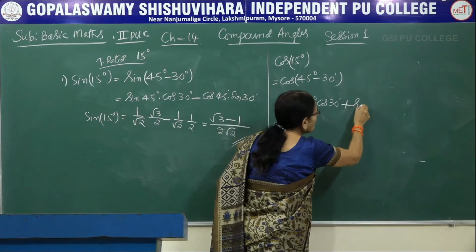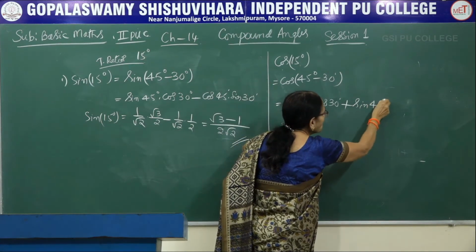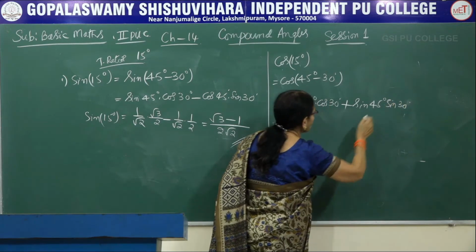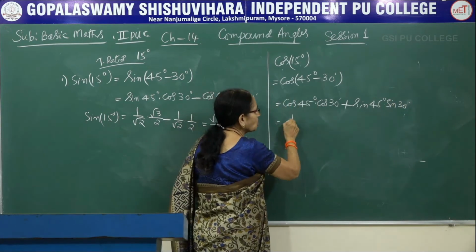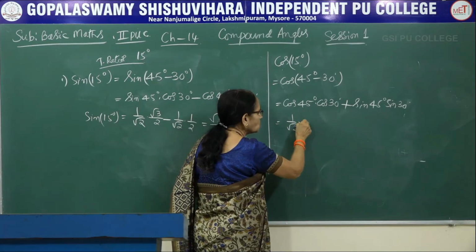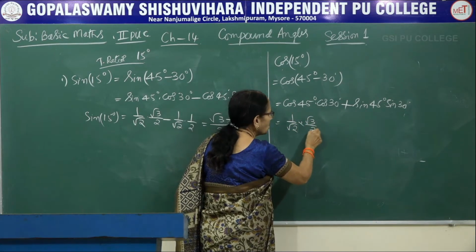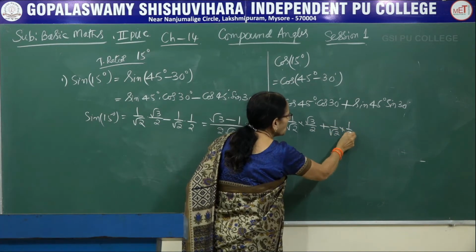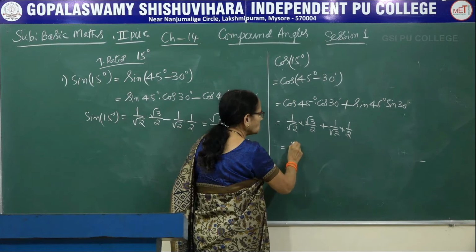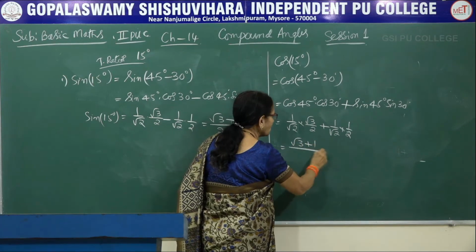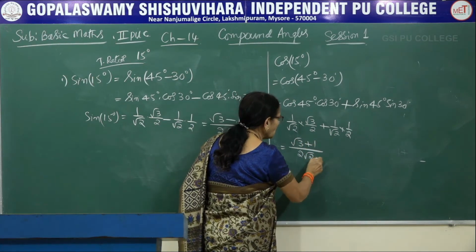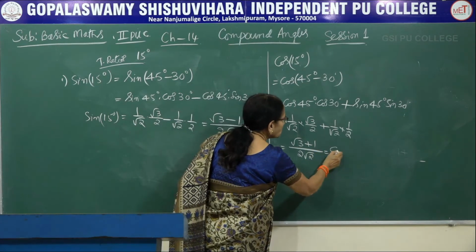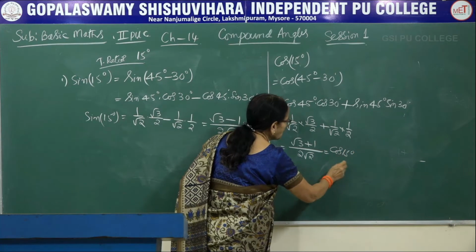The terms are the same, the signs are different. So sin 45 into sin 30. Now write the actual values: 1 by root 2 into root 3 by 2 plus 1 by root 2 into 1 by 2. Again doing the same arithmetical calculation, we get the value root 3 plus 1 divided by 2 root 2. This is nothing but cos 15 degrees.